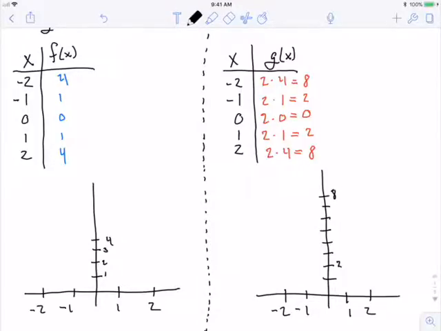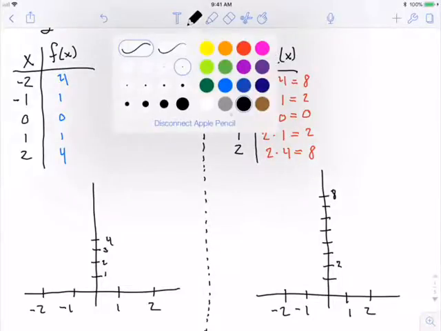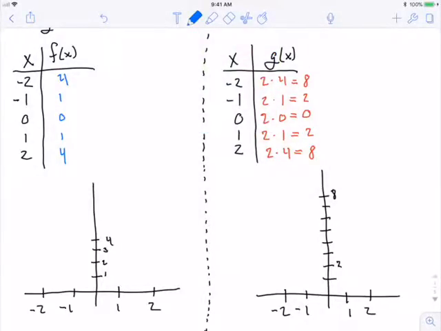Here's 8. Here's 2. And now in blue, we'll graph f of x is equal to x squared, which we should be quite familiar with by now. And we'll have our U-shaped function here. And now let's graph our new stretched function, which was 0, 0, negative 1, 2, 1, 2, negative 2, 8, and 2, 8.